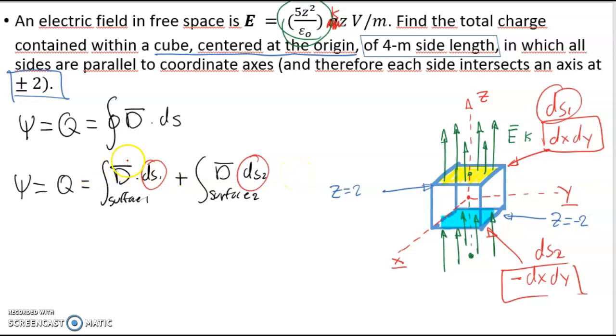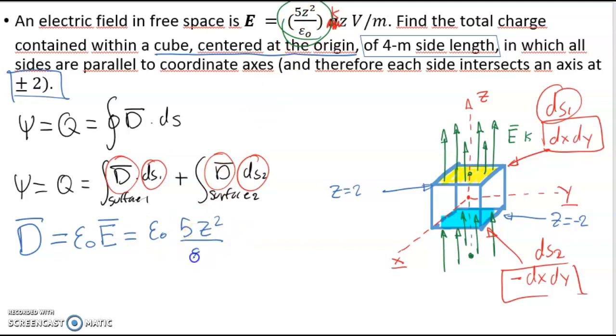What about the value of the flux density? There is another relation that states that flux density equals epsilon zero times the electric field. If we go by that, we see that epsilon zero times the electric field, which is 5z squared over epsilon zero in the k direction, volts per meter.